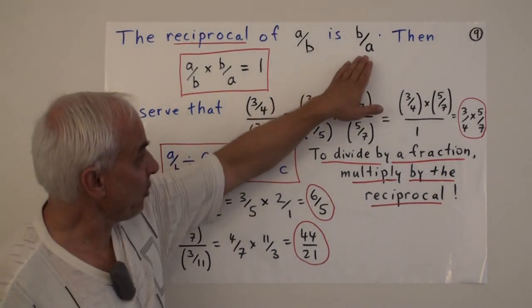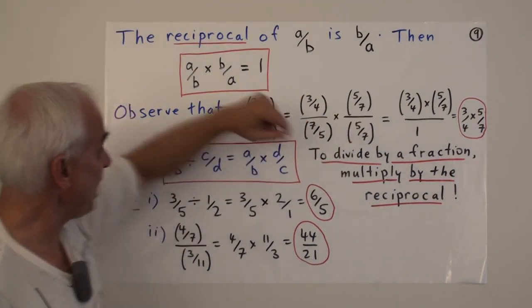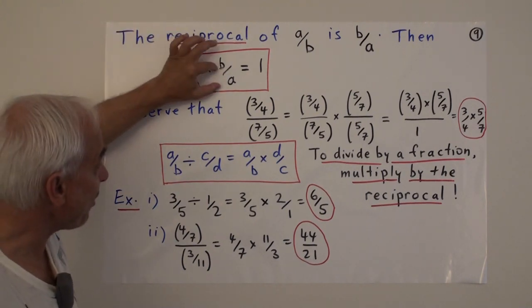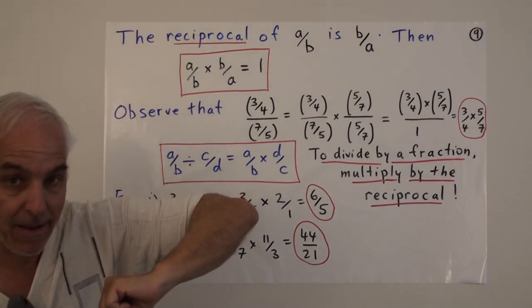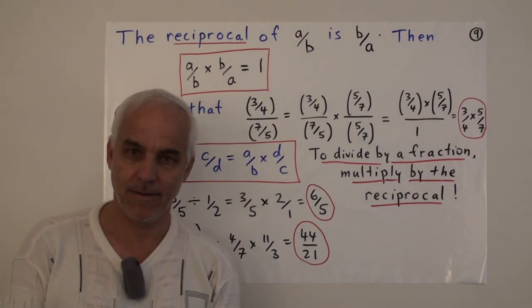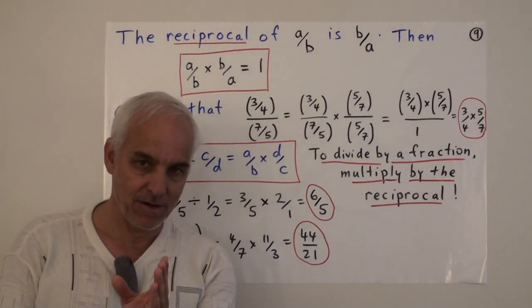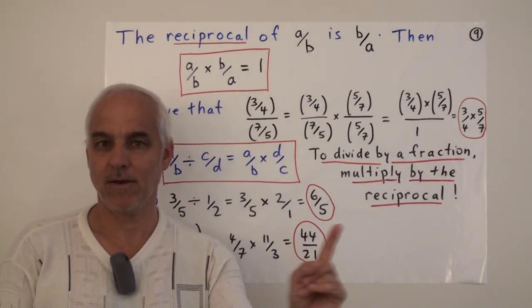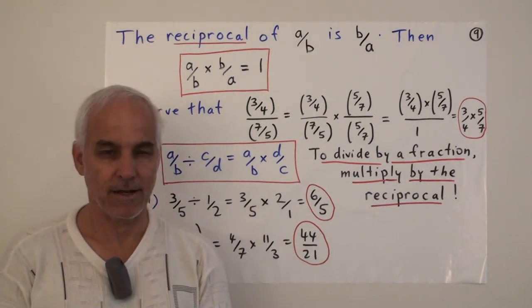Okay, and then a crucial property of the reciprocal is that if you take the original fraction, a over b, and you multiply by the reciprocal, b over a, then lo and behold, you get 1. So any fraction times its reciprocal is 1. Why is that?